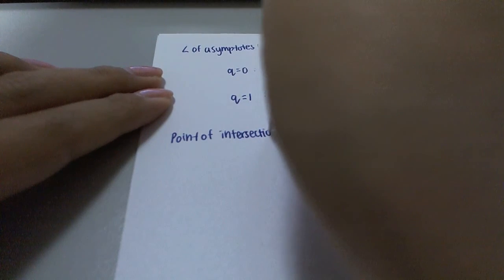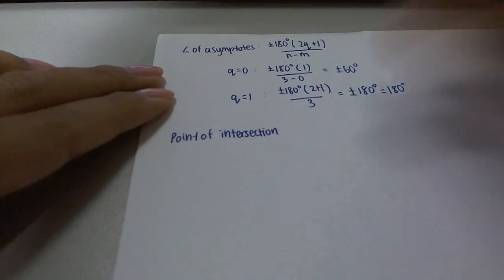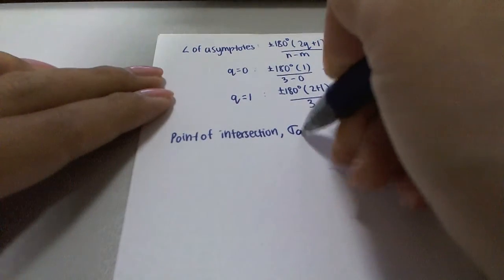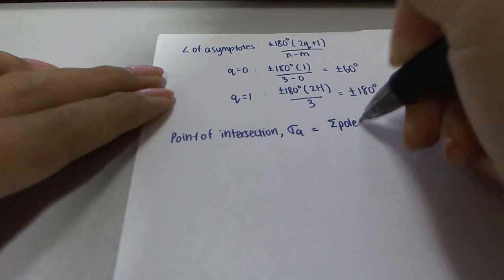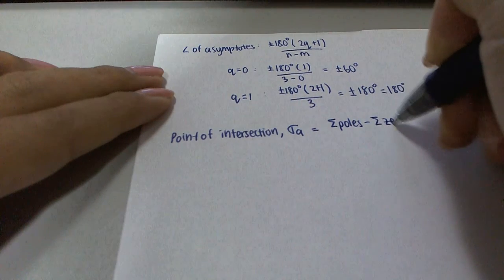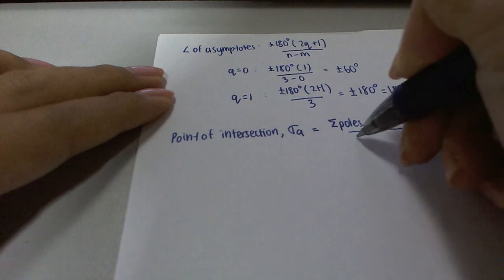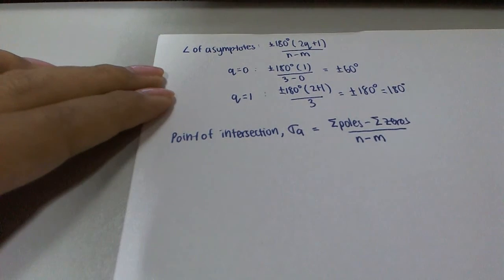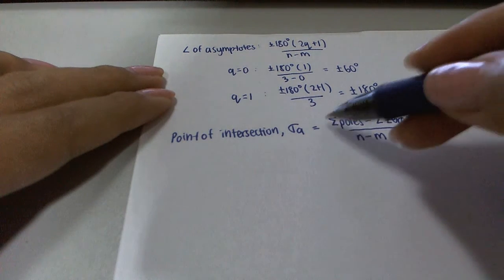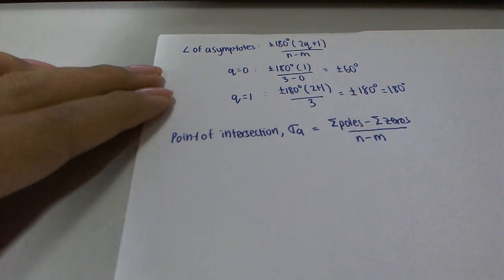And next, we find the point of intersection of the asymptotes, denoted by sigma A, and this is equal to the summation of poles minus the summation of zeros, divided by the number of open loop poles minus the number of open loop zeros. Please note that these are the summations of all the values of poles and zeros instead of the number.